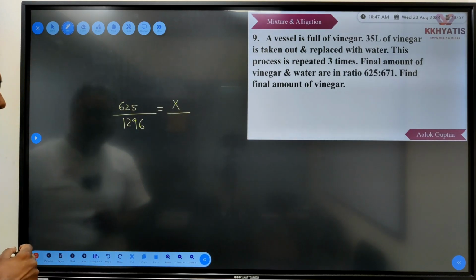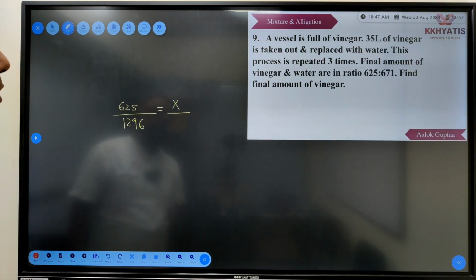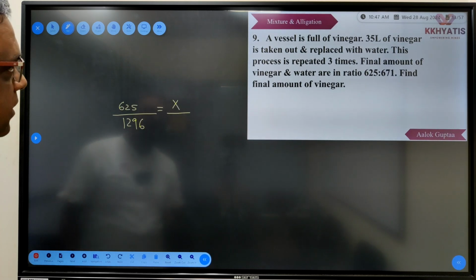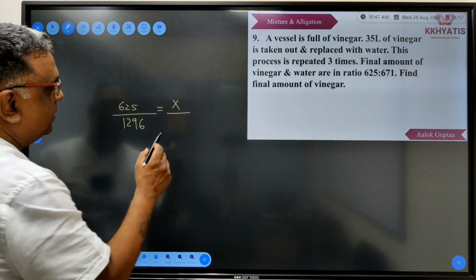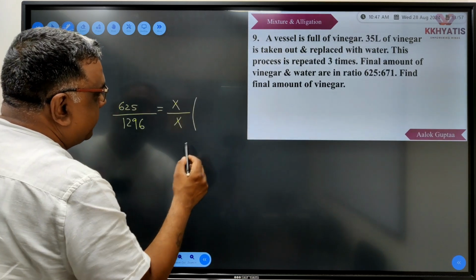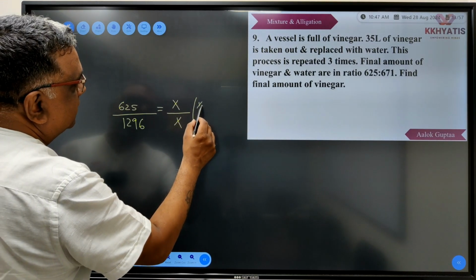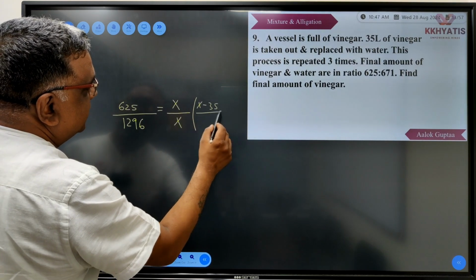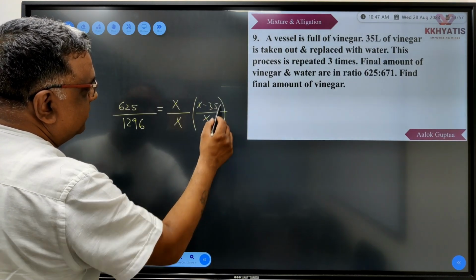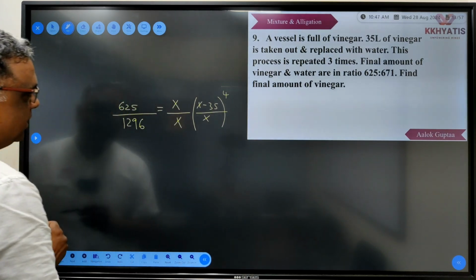Initial total quantity, it was full of vinegar only, so it was X only. And 35 liters is removed, so the fraction left is X minus 35 upon X, repeated 4 times.